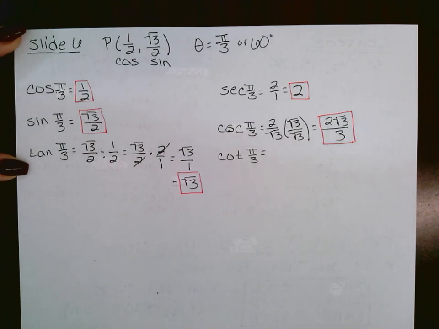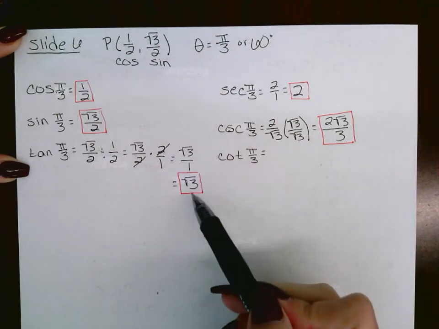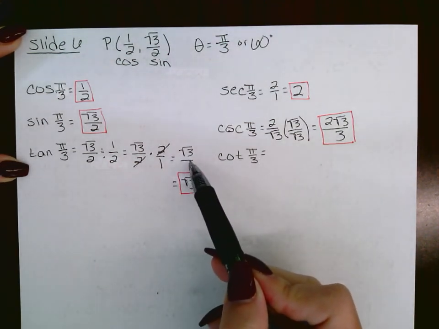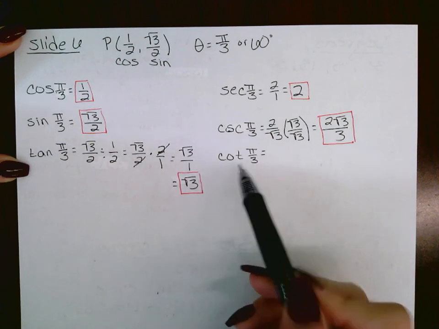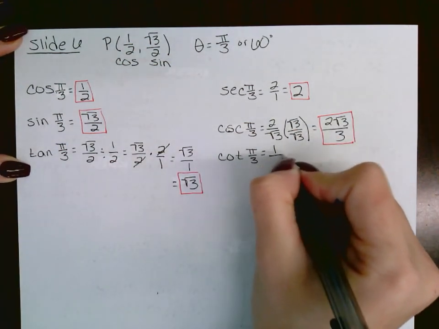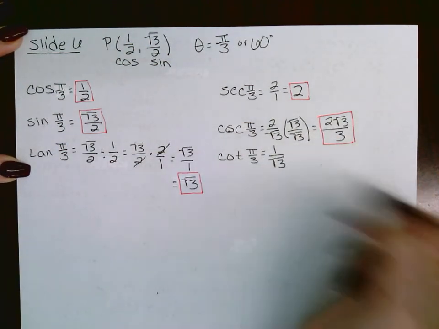And cotangent is to flip tangent. So when we solved for tangent, we did not have to rationalize. Okay, so there isn't like a previous answer that was unrationalized. Radical 3 is like saying radical 3 over 1. So when I flip that to get cotangent, I have 1 over radical 3.